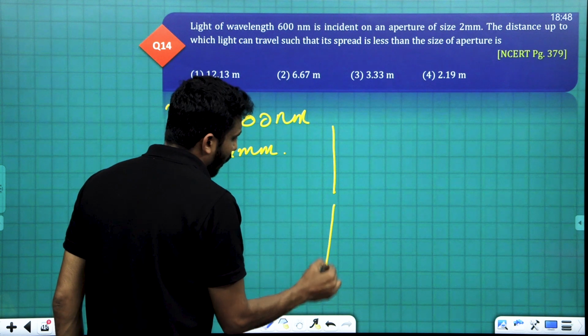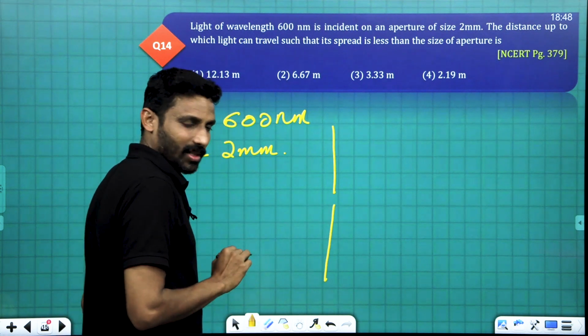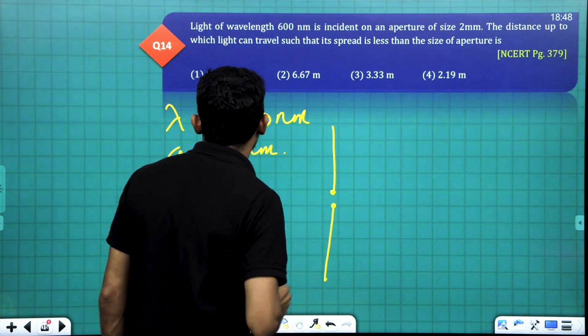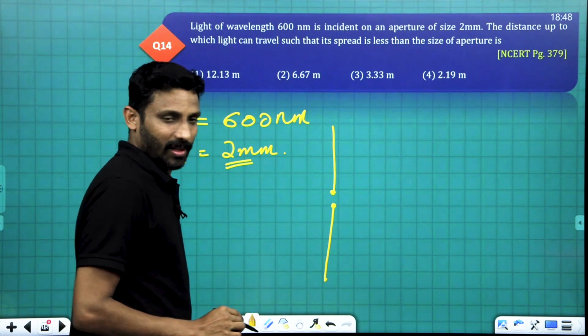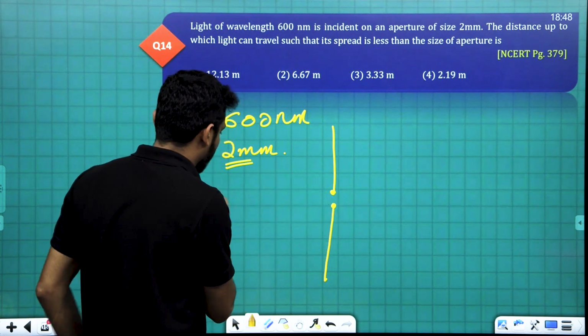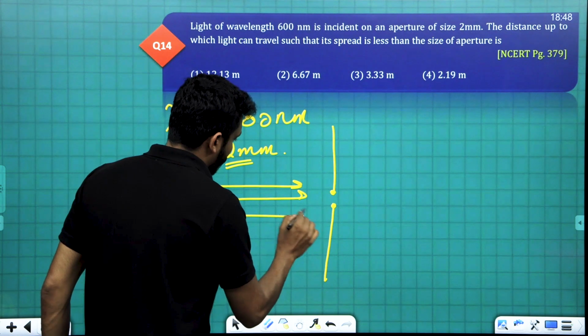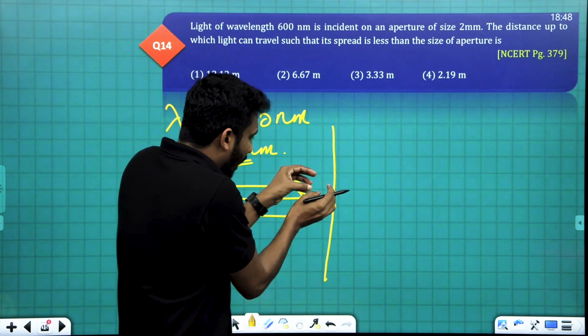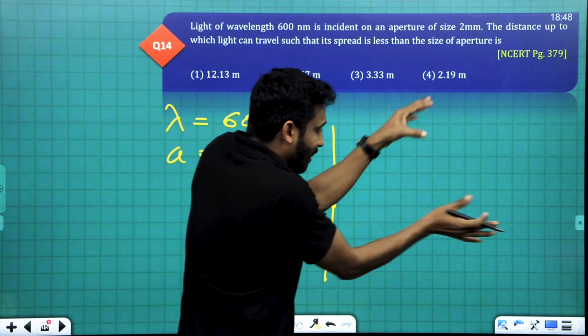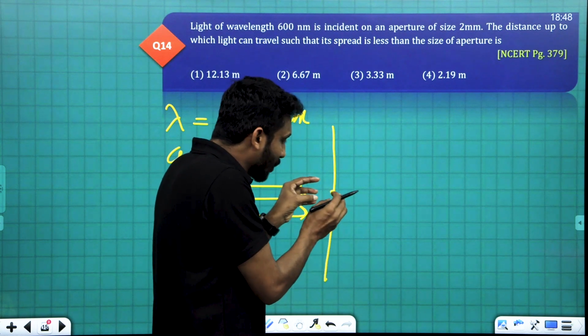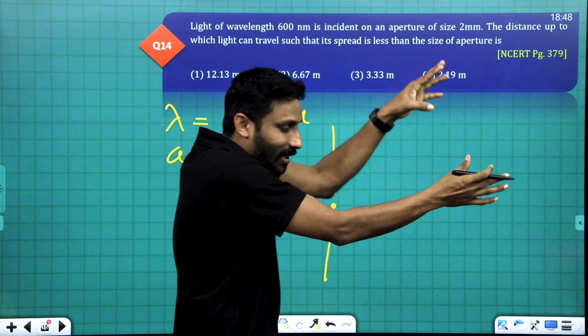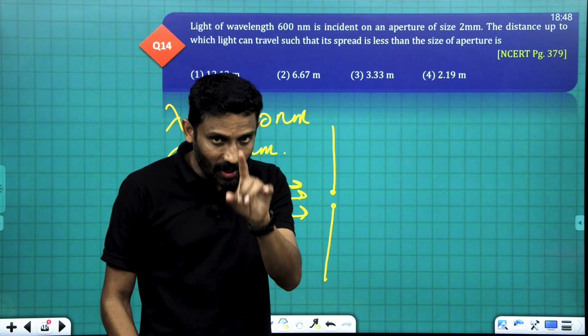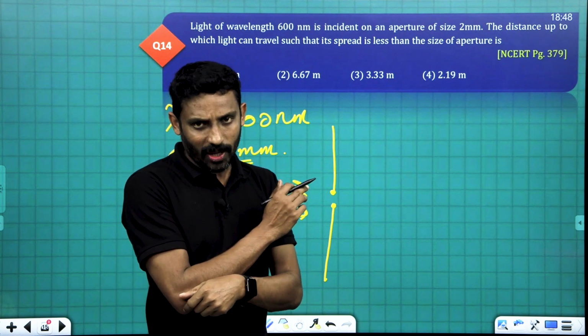Consider an aperture whose size is 2 millimeter and the waves are hitting it. After passing through the aperture, the waves are spreading, and that spread is called diffraction.